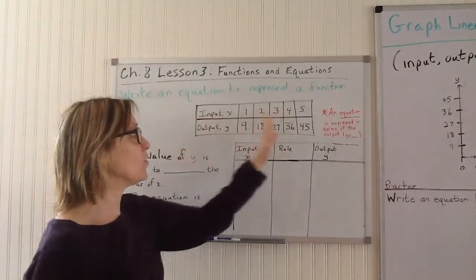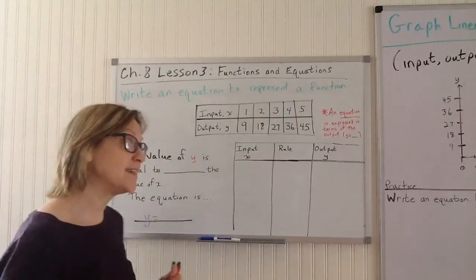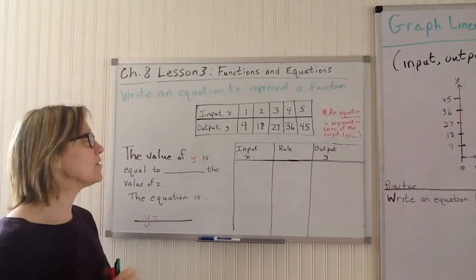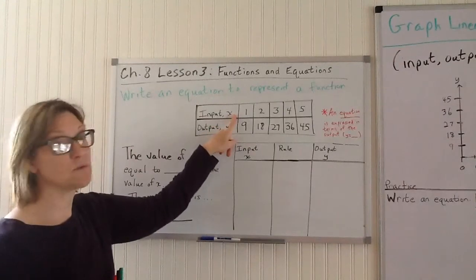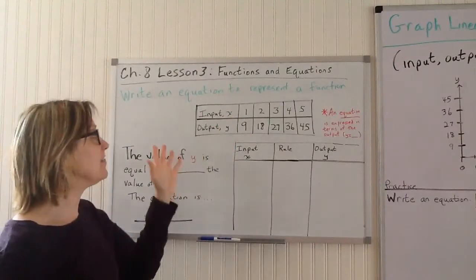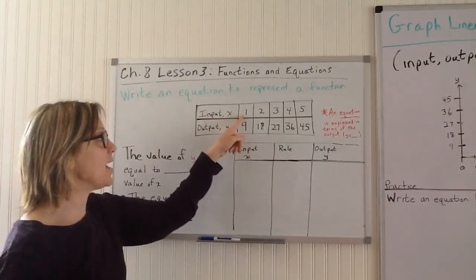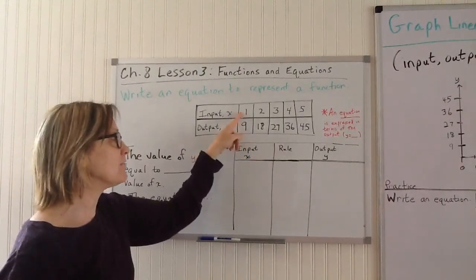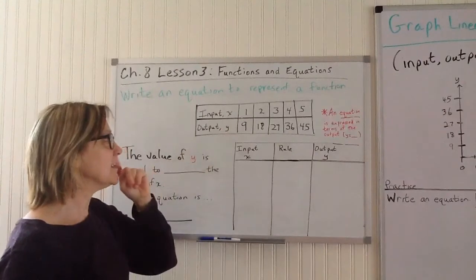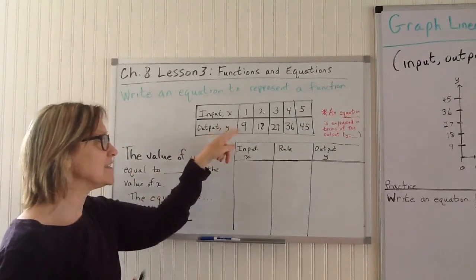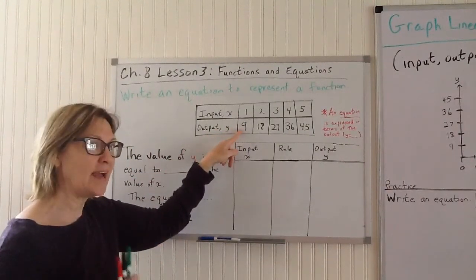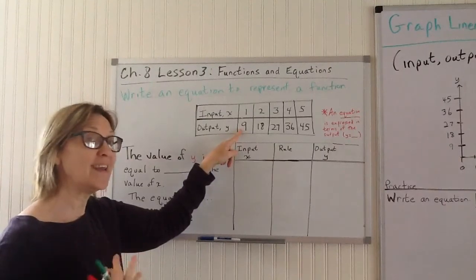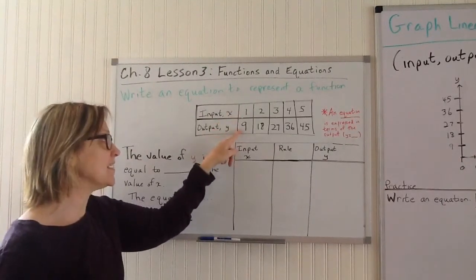Somewhere in here we're going to find a rule, like what is going on. And remember, we look at our input first, which is x, and then from x we determine how we got to our y. So how did we get from 1 to 9? Is it the same thing? I can see we're either going to multiply by 9, 1 times 9 is 9, or we can add 8, 1 plus 8 is 9.